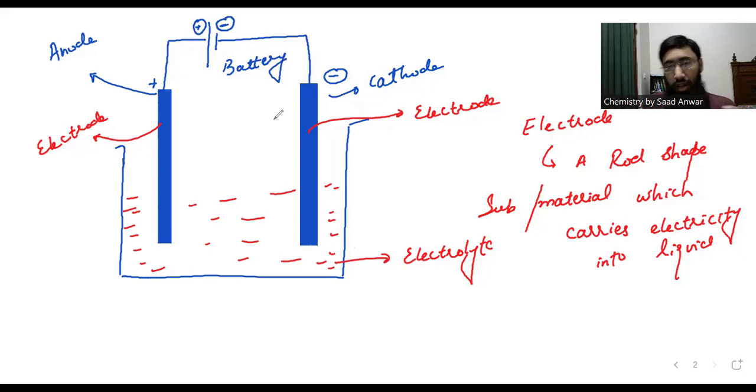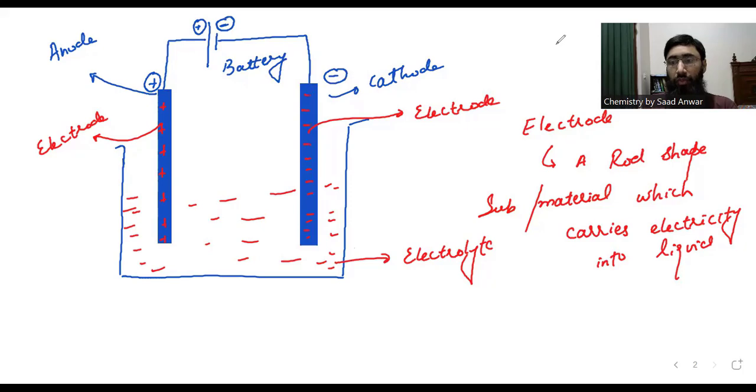So when current from the battery comes towards the electrodes, this electrode gets positive charge because it is connected to the positive terminal of the battery, and this electrode gets negative charge because it is connected to the negative terminal.